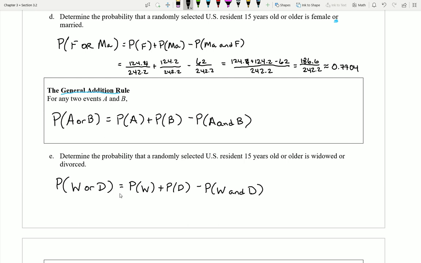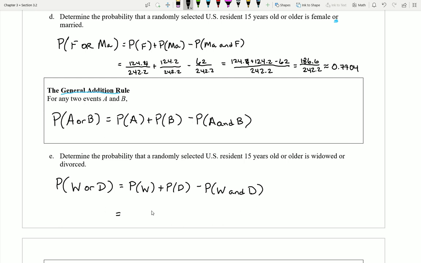Now, again, I should note that I don't need to use this rule because is it possible that the most recent marital status of one person could be widowed and divorced at the same time? Well, no. Again, if it's their most recent relationship status, then you can't have two different ones. You only have one. So I know that there is no overlap, but let's see how I could use this rule anyways.